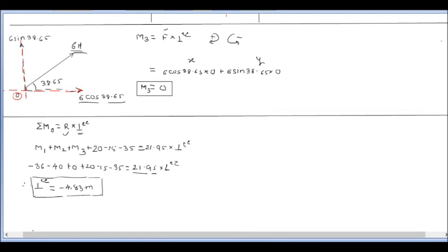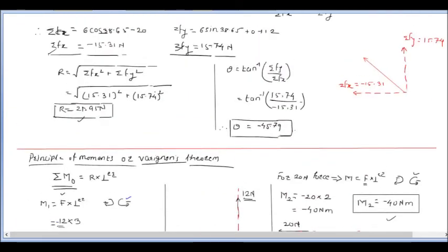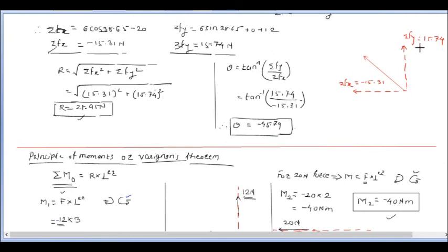It means when we locate this resultant, it will be located at whatever angle we have calculated. Suppose from the summation of F of x and summation of F of y we came to know this resultant.